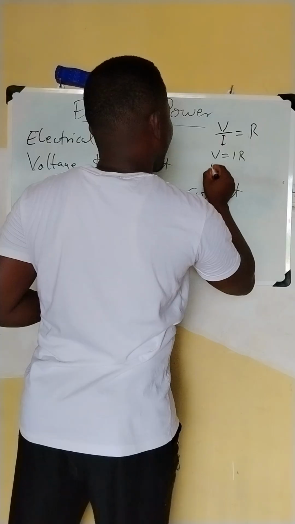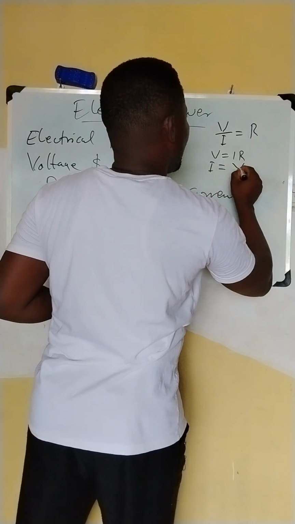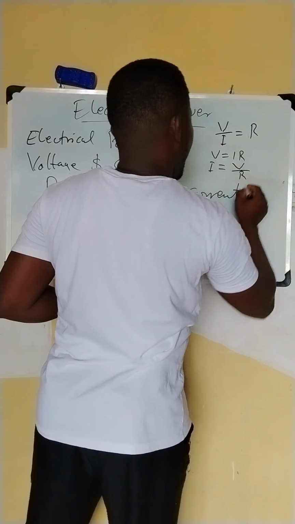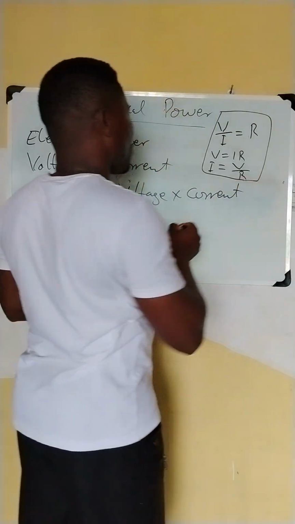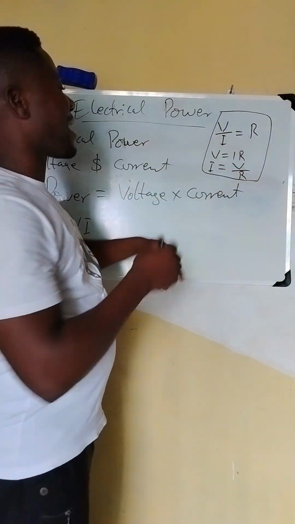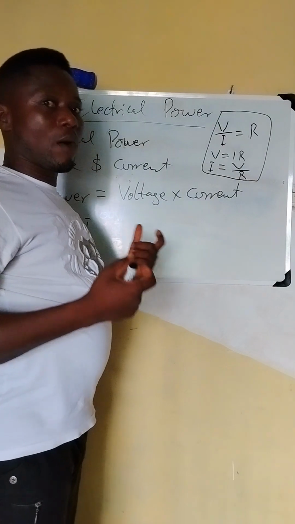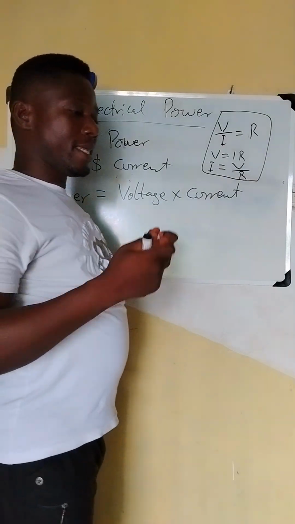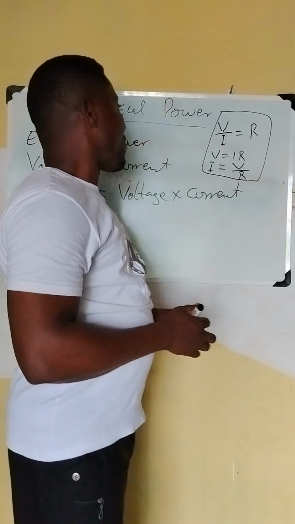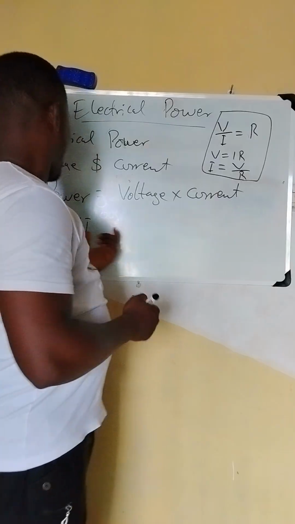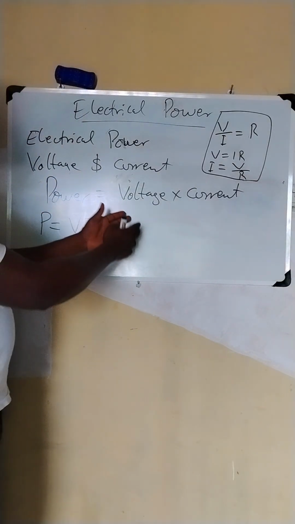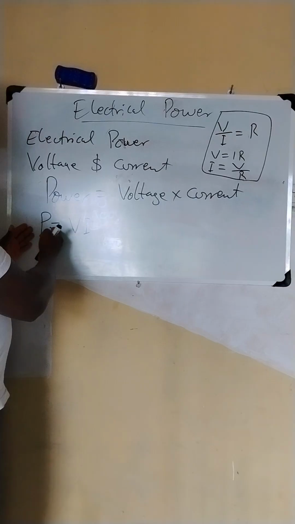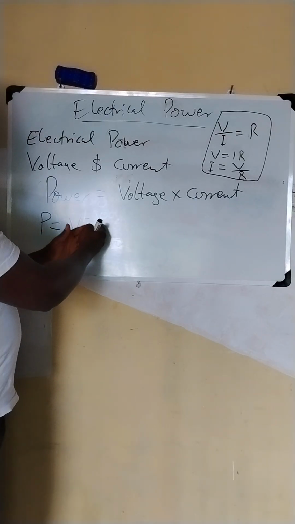Also I, if you are looking for I, is equal to V all over R. I told you that you don't memorize this, you just understand. By the time you understand one, you can just make the other one the subject of the formula anytime you are looking for it. Alright, now I told you that power in terms of voltage and current is P equal to VI.